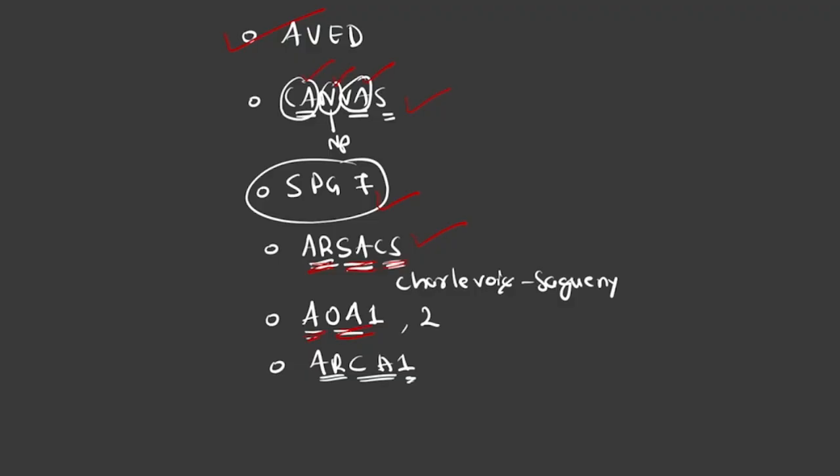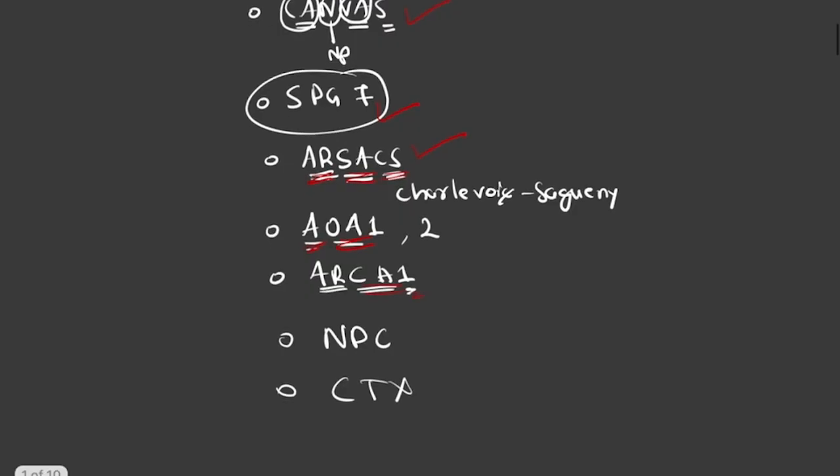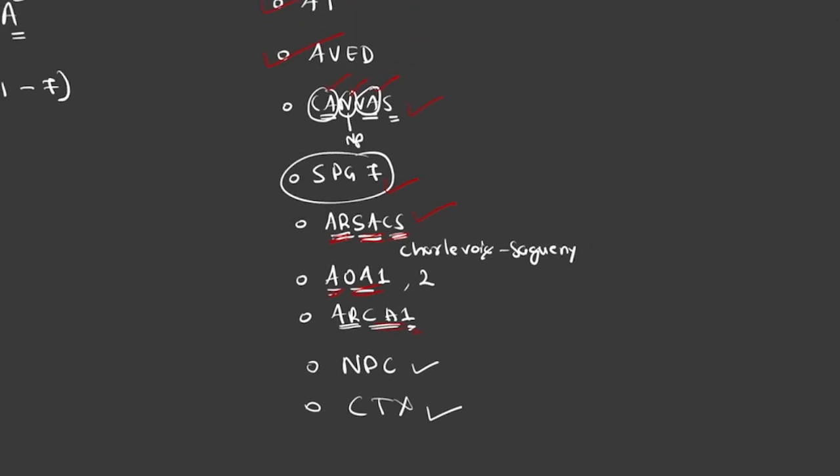Then ARCA1, which stands for autosomal recessive cerebellar ataxia type 1. And you can also include other types like Niemann-Pick disease type C, then CTX, that is cerebrotendinous xanthomatosis, which are included under autosomal recessive ones.